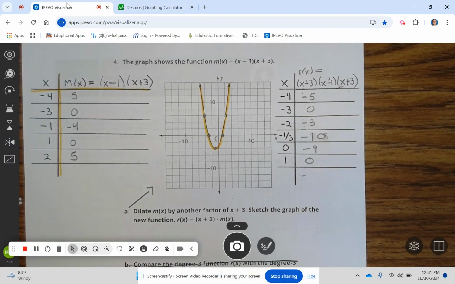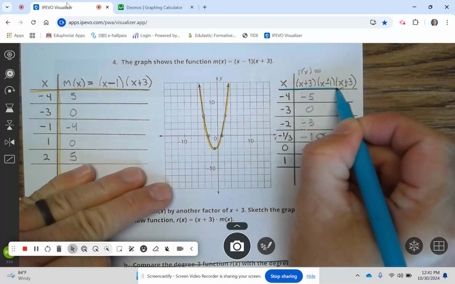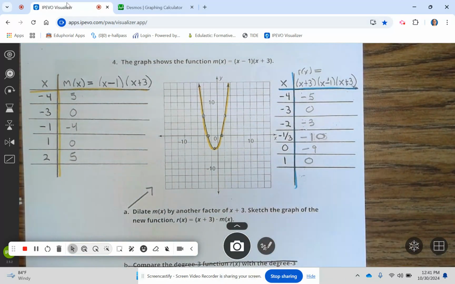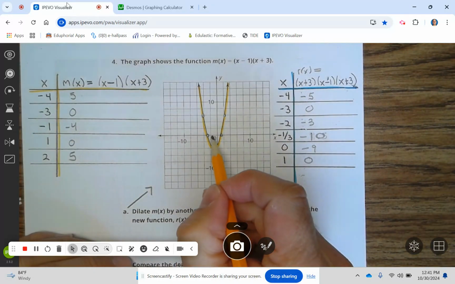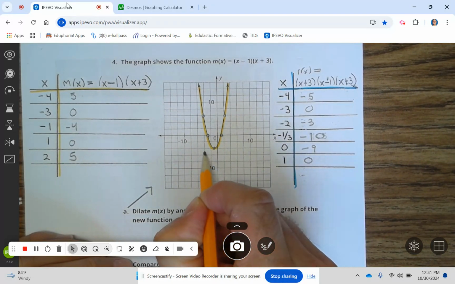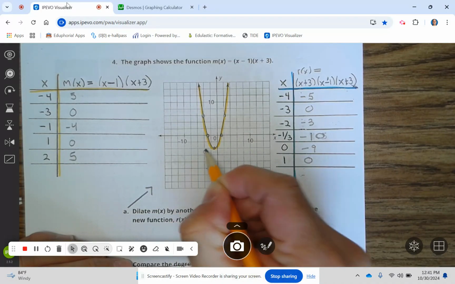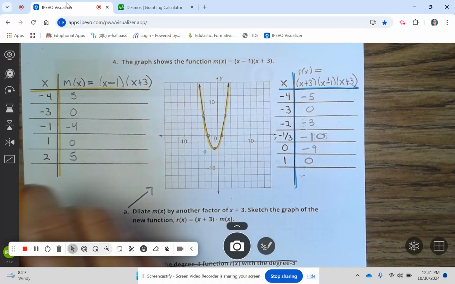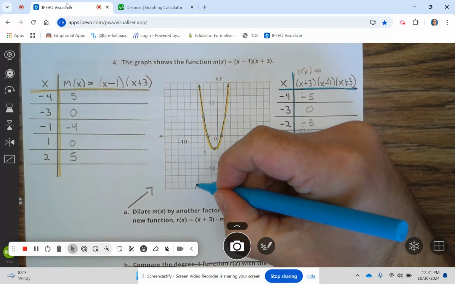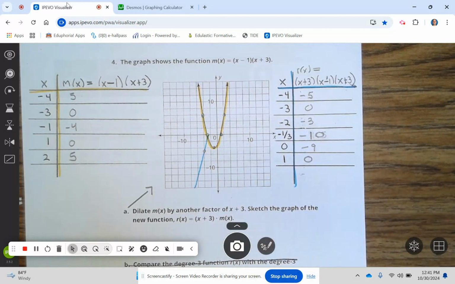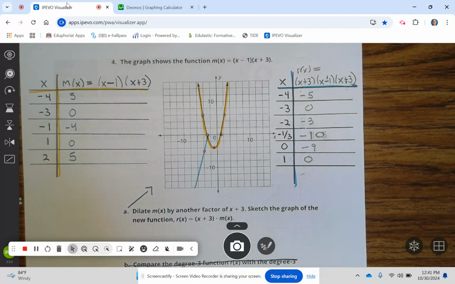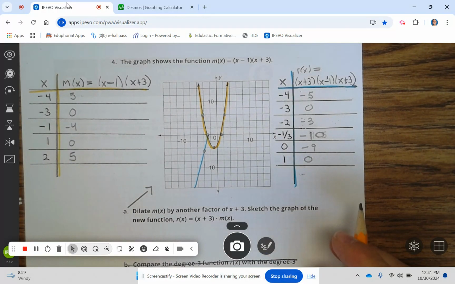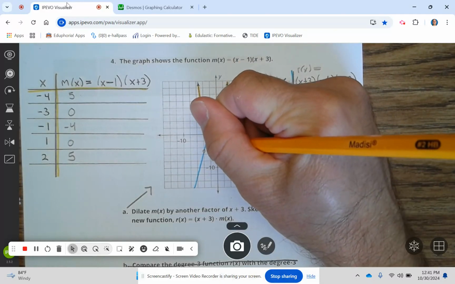Alright, so let's go ahead and graph those points. So -2, -4, -5, -3, 0. And it's probably a good idea to kind of connect as we go. -2, -3.